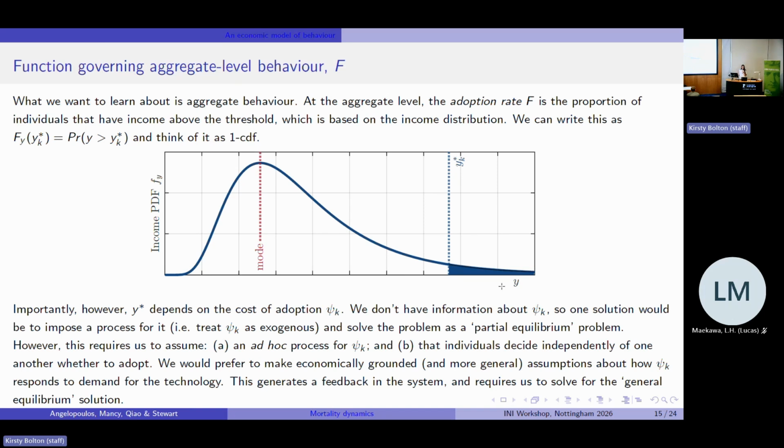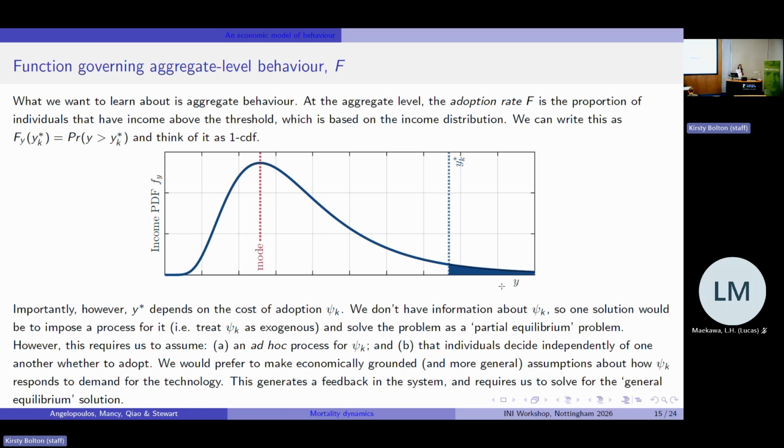So are we done? It's kind of the question. Not quite. Importantly, Y star depends on the cost of adoption psi k. Now, we don't have any information about psi k. We don't really know how much it costs individuals to benefit from these technologies. So one solution might be to impose a process for it, and we would then be treating this psi k as exogenous.